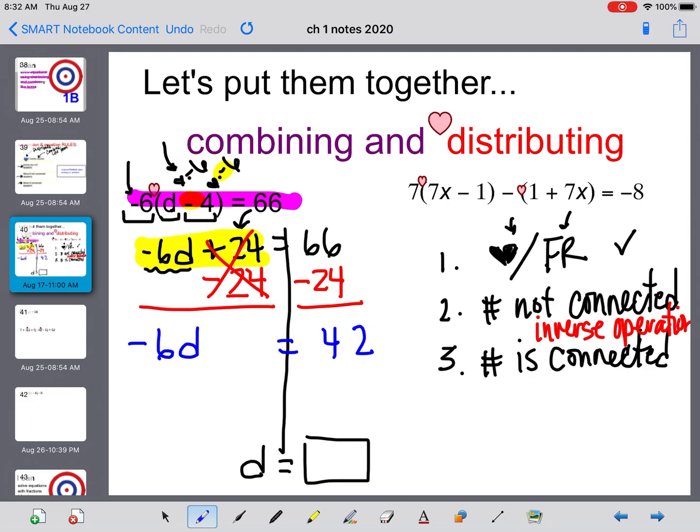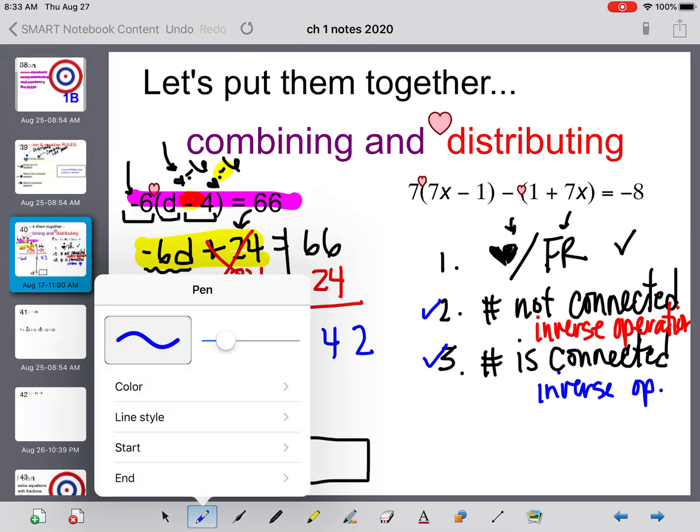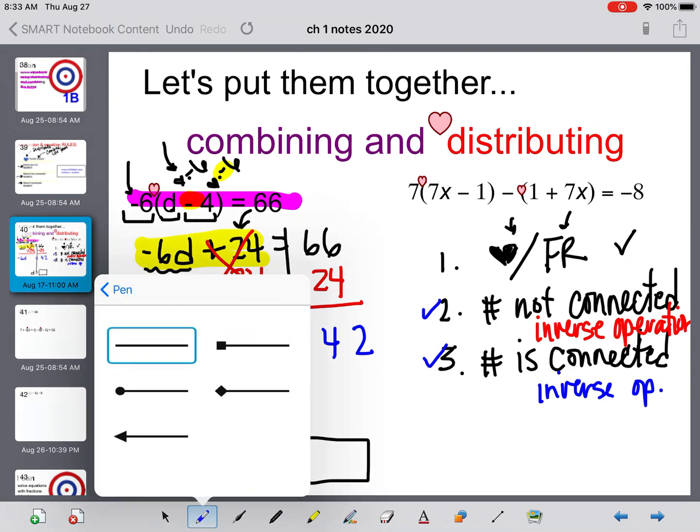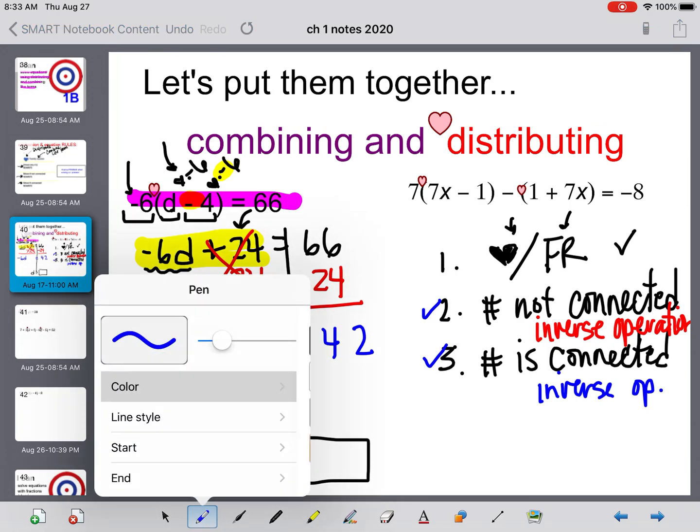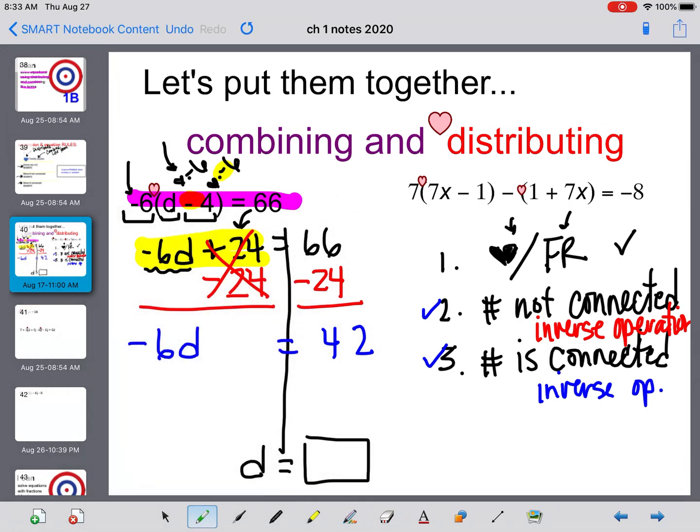Then I can go ahead and remove the number. So once I remove the number that's not connected to my variable, I can go ahead and remove the number that is connected to my variable. And the way that I'm going to do that is, again, with inverse operations. This operation, however, you'll notice I have a lot of students who tell me, Ms. Miner, this is a minus 6, so I must need to add 6.